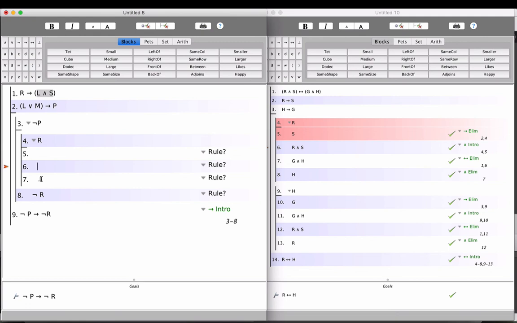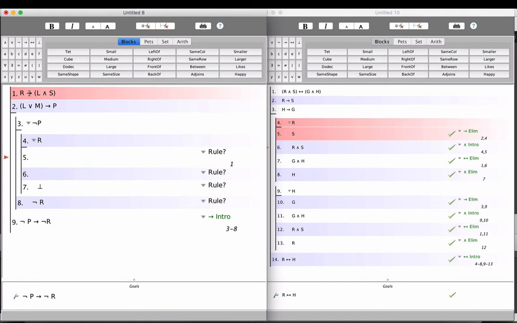What do I mean by that? Well, notice that line 1 is a conditional. Line 4 is an affirmation of the antecedent of that conditional, which implies the consequent. Conditional elimination.